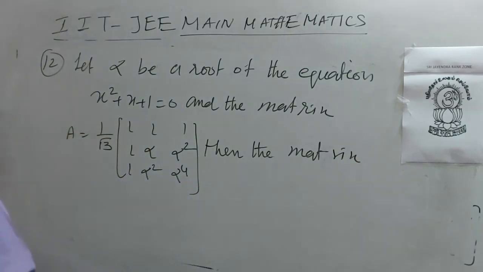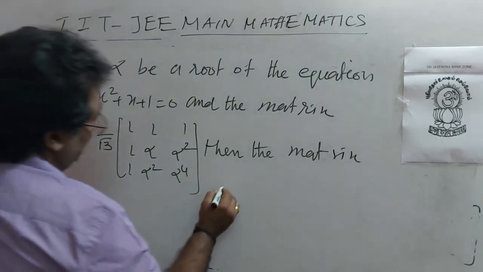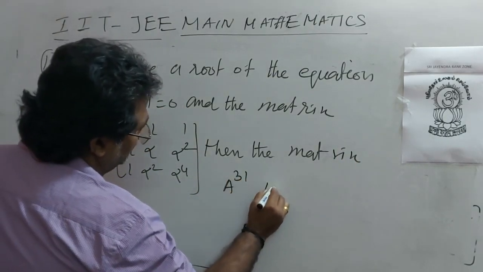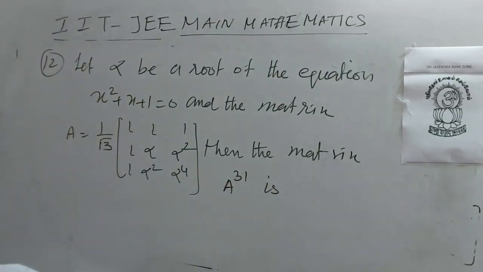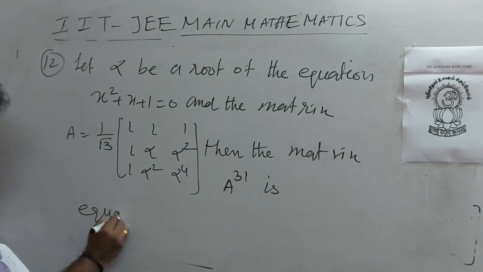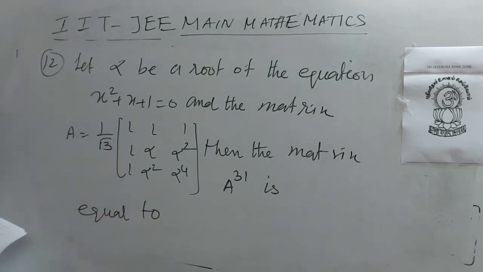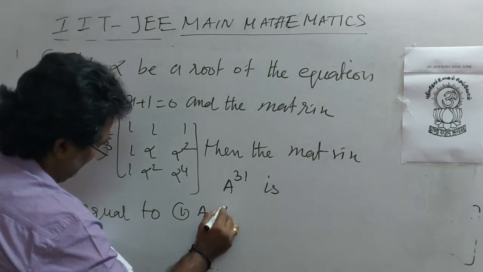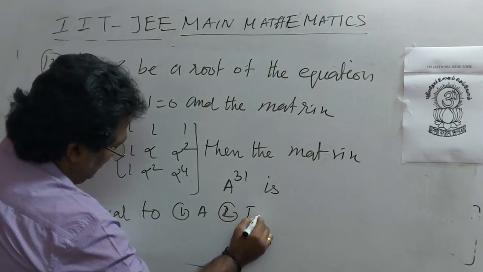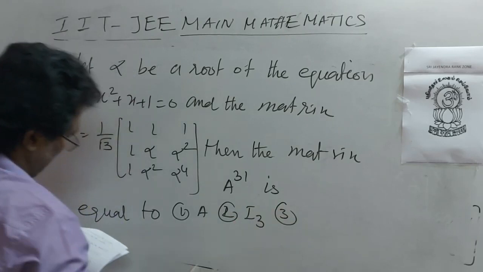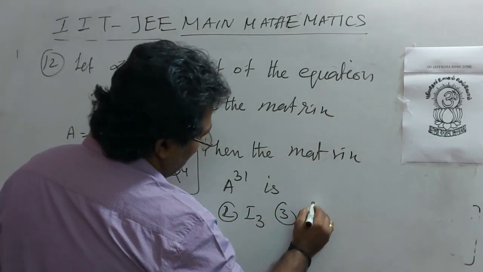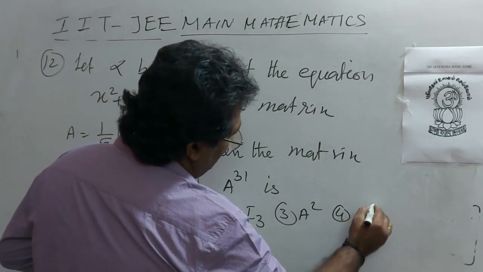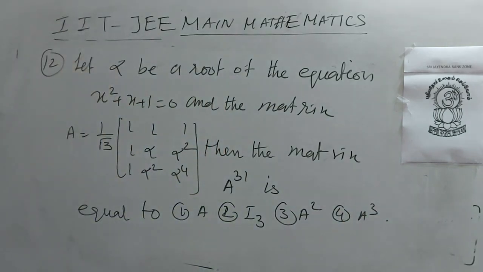Then the matrix A power 31 is equal to: option 1 A, option 2 I3, option 3 A squared, option 4 A cube.